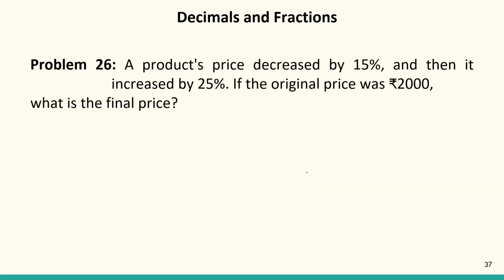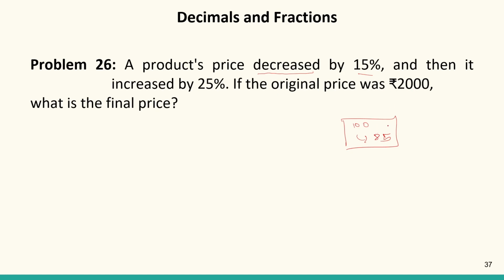So given that for problem 26, a product's price is decreased. Look at this term, decreased by 15%. So if its price was 100, then it is now 85. And then it is increased by 25%. If this is increased by 25%, then if the original price was 2000, what is the final price?